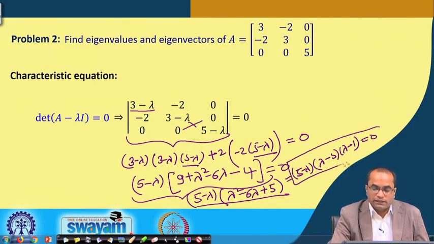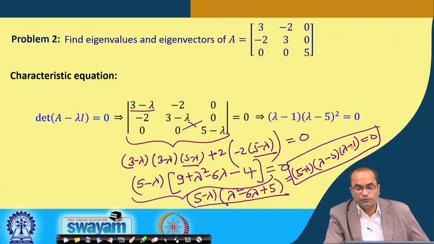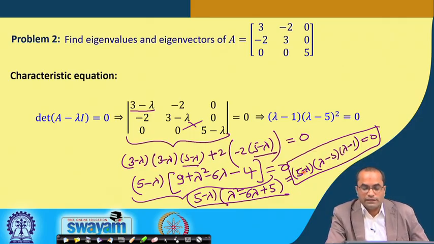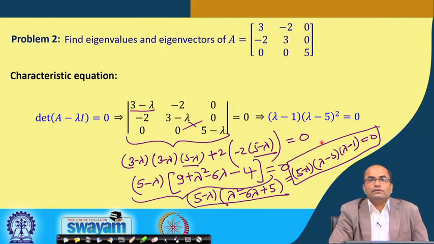So, that is the characteristic equation. From there we can get the roots of the equation. So, we have 5 minus lambda, or lambda minus 5 whole square, and we have lambda minus 1, the other factor.